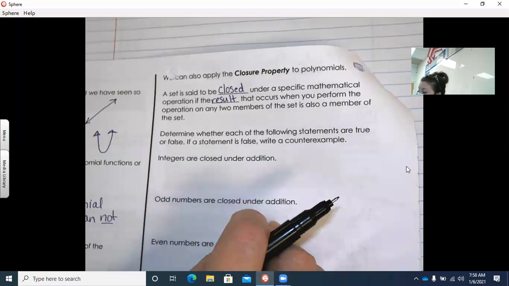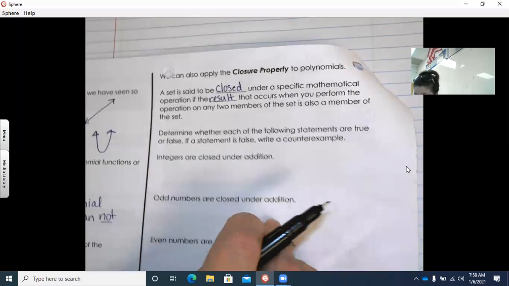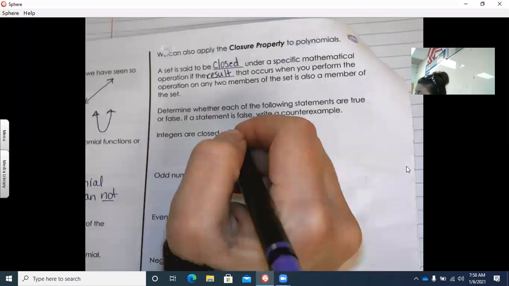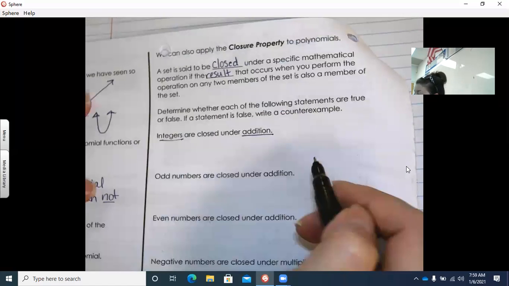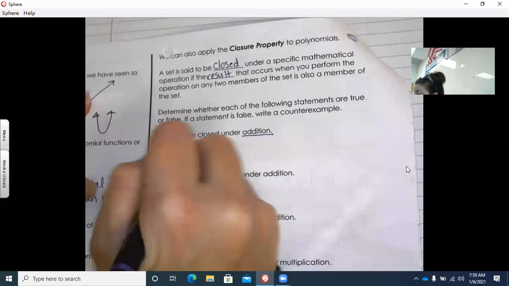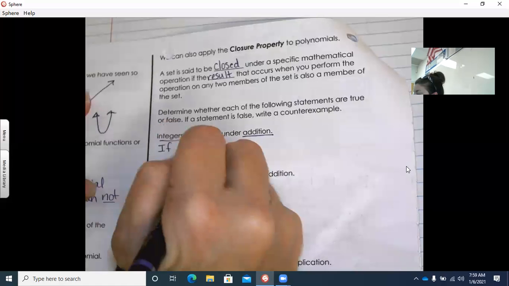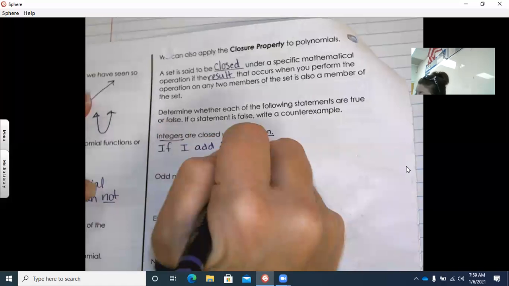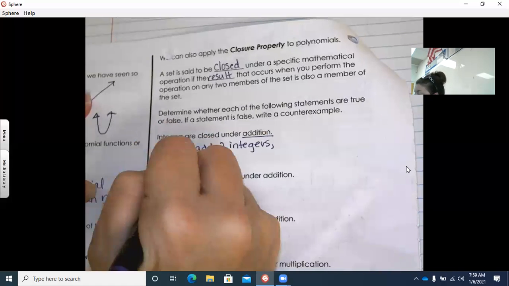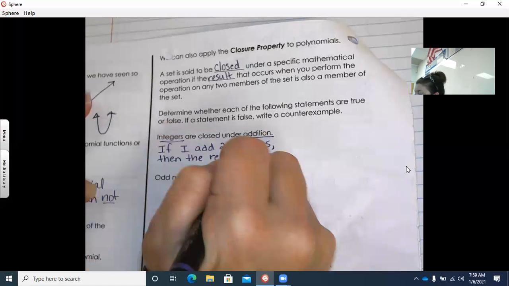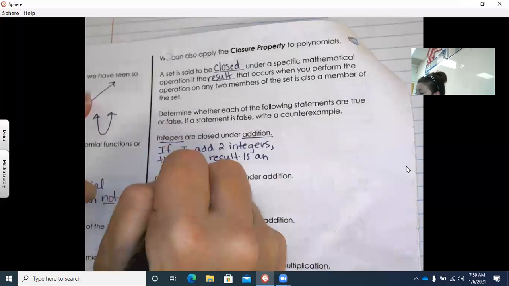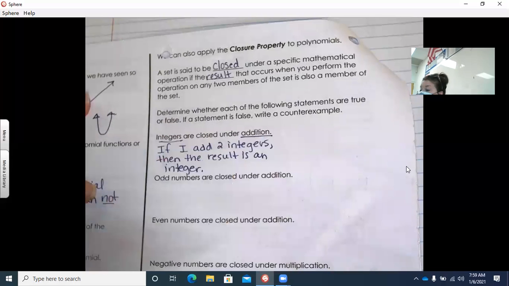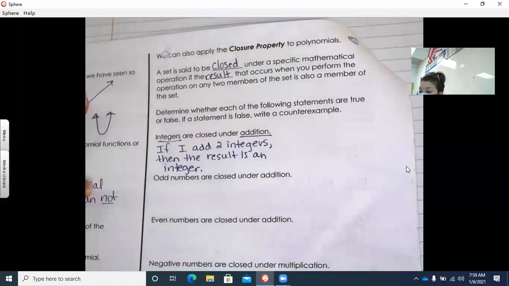What it's saying is, if I add two integers, add because it's addition, integers because that's what we're talking about, then the result is an integer. That's what closed means. If I add two integers, the result's an integer.